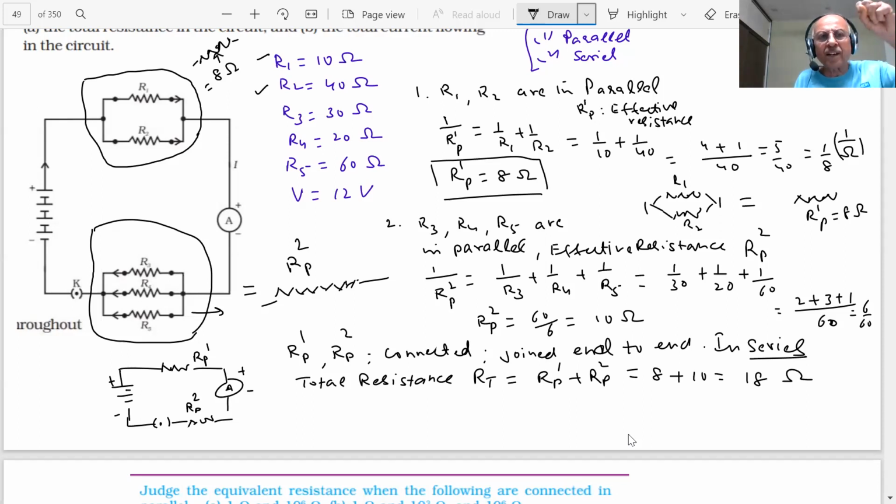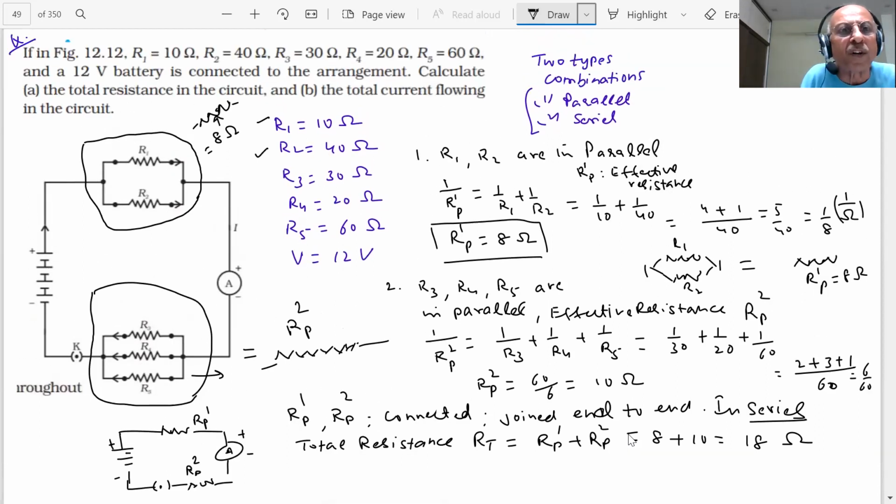The entire circuit will give me, these were resistances connected in this way, parallels and then series. The effective resistance, total resistance, will come to be 18 ohms in the circuit, students. And what else do you want to calculate now? Total resistance in the circuit is 18 ohms.